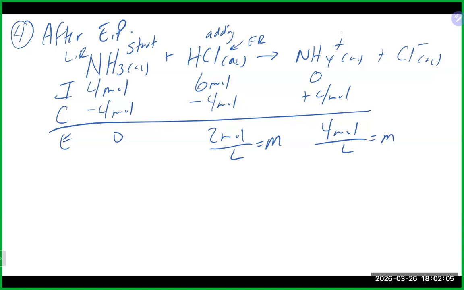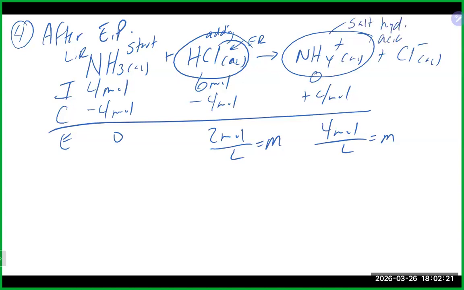And we can see at this point in the titration, we have NH4 plus and we do have HCl. Hopefully you can recognize that this is not a buffer, as they are not related to each other. We have a salt that will go through hydrolysis and act as an acid, and we also have HCl, which is definitely a strong acid.